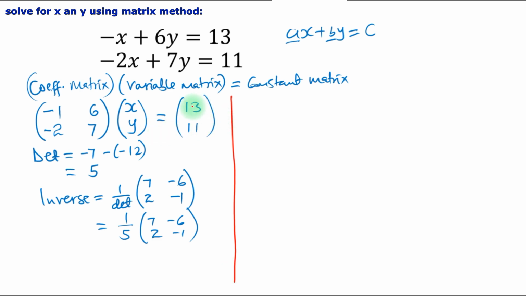After that, we are going to pre-multiply the matrix equation by the inverse on both sides. So this is our matrix equation. We pre-multiply by the inverse on both sides, the left side and the right hand side.